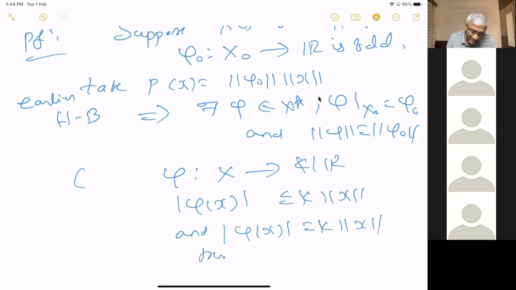Then norm phi is equal to k. I hope you know this, because the infimum of all those k will be precisely this, right? So because of that.